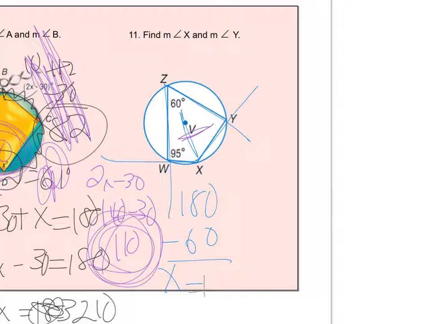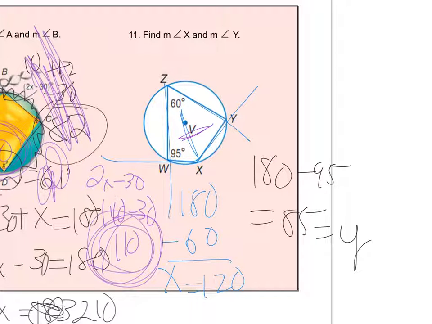So, x is going to equal 120. Y is going to be 180 minus 95. So 180 minus 95 should be 75, or 85, sorry. So 85 should equal y. So all I had to do was figure out what the opposite angle was and subtract it from 180.